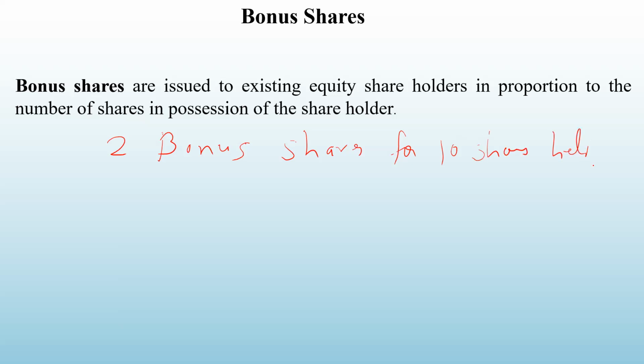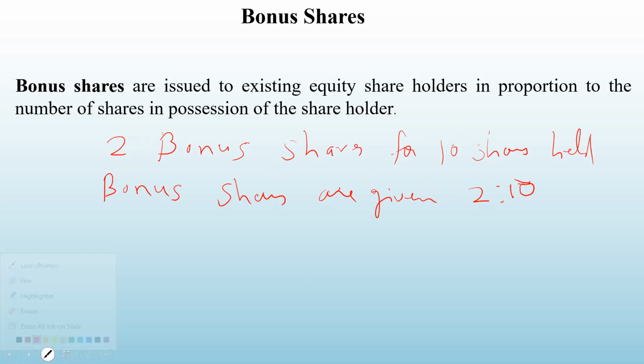What is the meaning of this? If a person already has 10 shares of that company, then the company will give 2 bonus shares. So the bonus shares are given in what proportion? In the proportion of 2:10. That means if you are having 10 shares, then you will get 2 bonus shares.